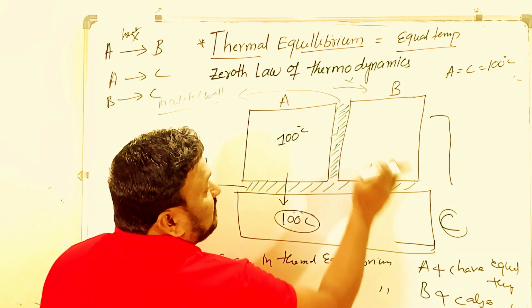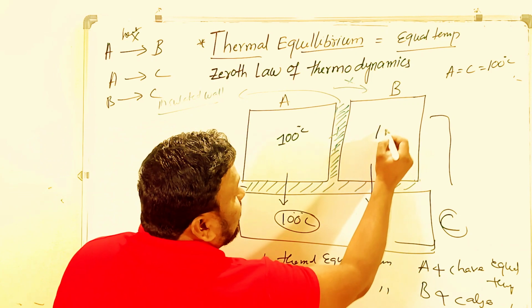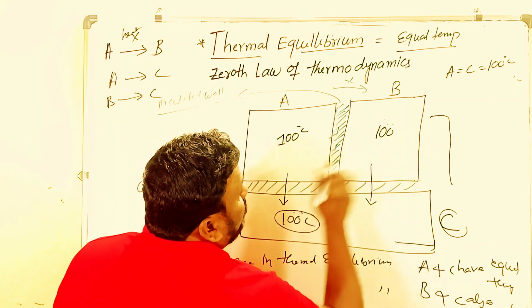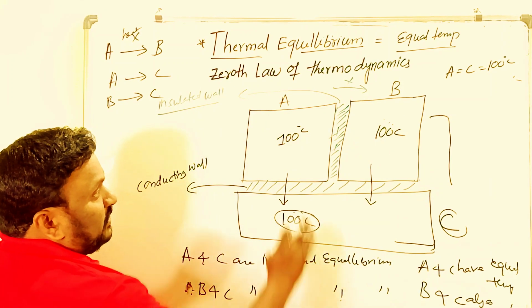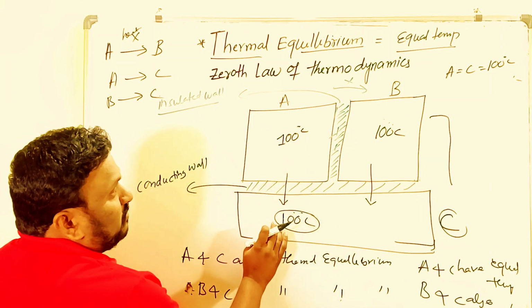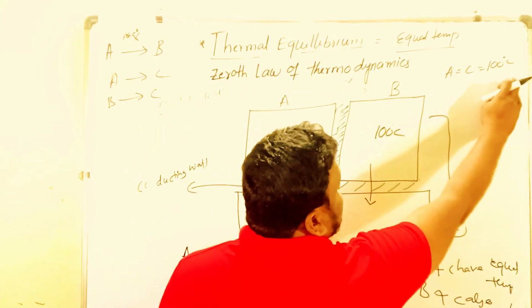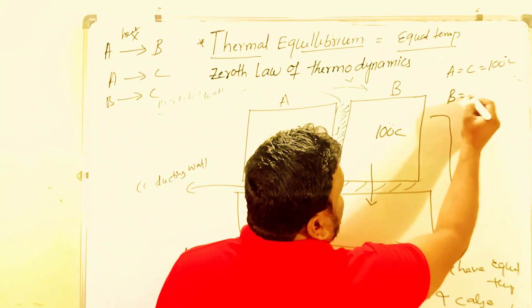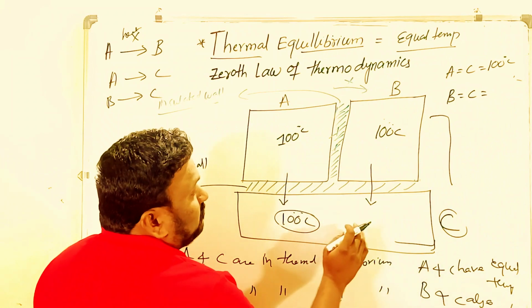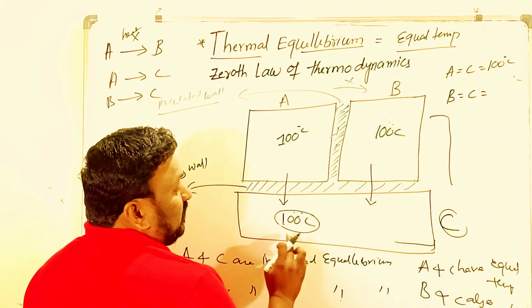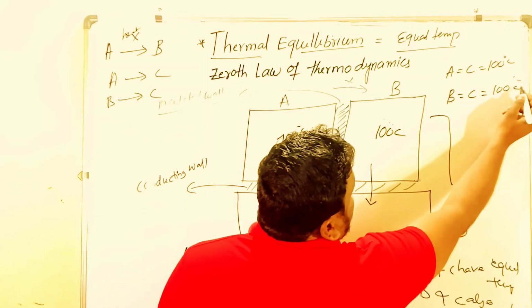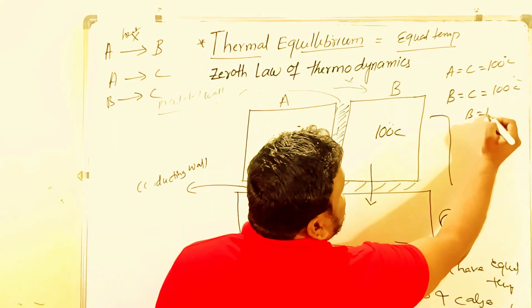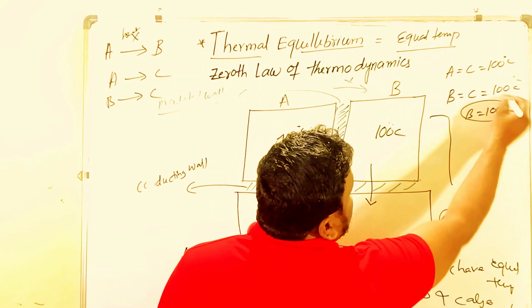When these two are in thermal equilibrium, the temperature of B is also 100 degrees Celsius. We don't know the temperature of B, but we know the temperature of C, 100 degrees Celsius, so B also has a temperature of 100 degrees Celsius.